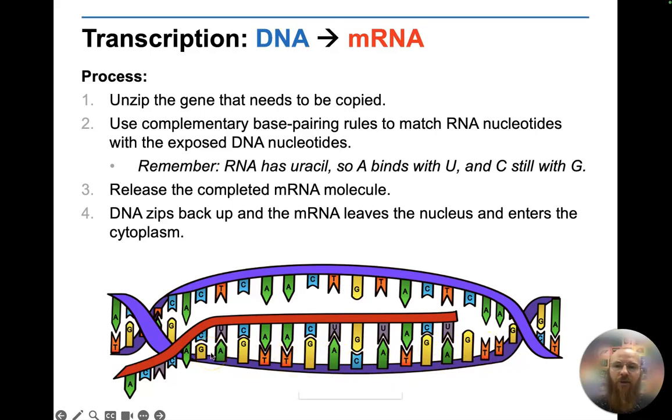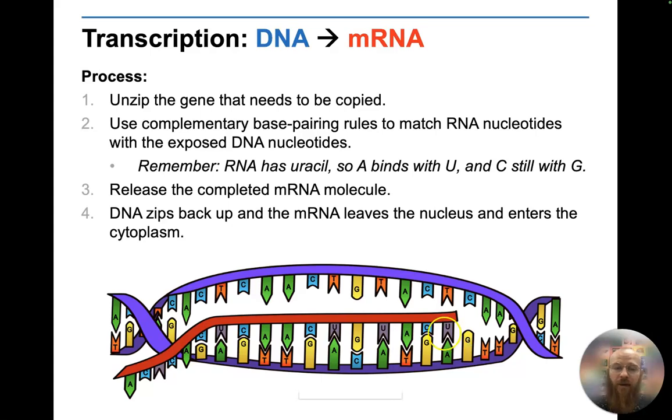We're going to then use those same complementary base pairing rules to match RNA bases with the exposed DNA nucleotides. Now remember, if you can see here, DNA uses A's with T's, so A's with T's, C's with G's. RNA does not use thymine. It doesn't have the T's.